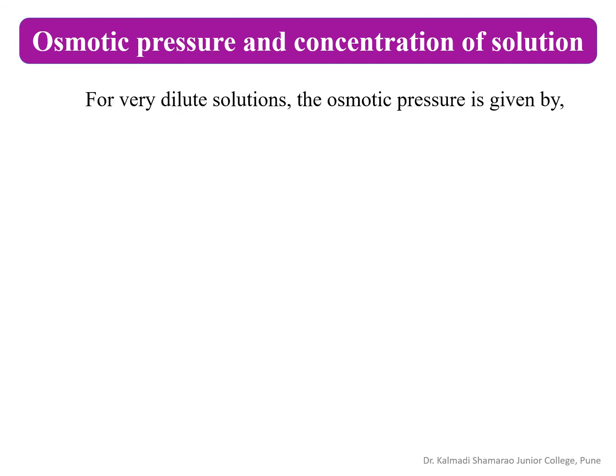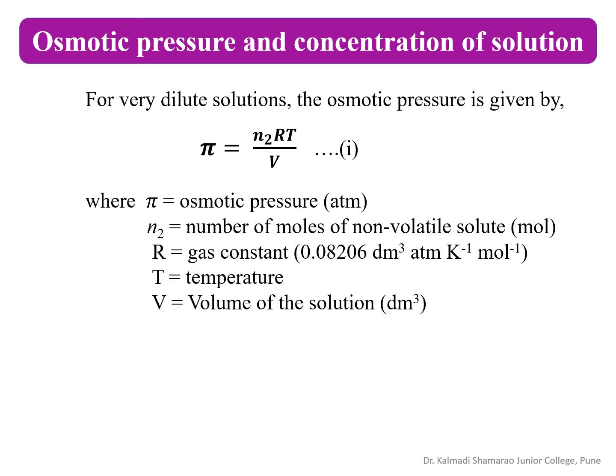For very dilute solutions, the osmotic pressure is given by pi is equal to N2RT upon V. This is equation 1, where pi is the osmotic pressure in atmosphere, N2 is the number of moles of non-volatile solute in mole, R is the gas constant which has the value 0.08206 dm cube atmosphere per Kelvin per mole, T is temperature and V is the volume of the solution in dm cube.